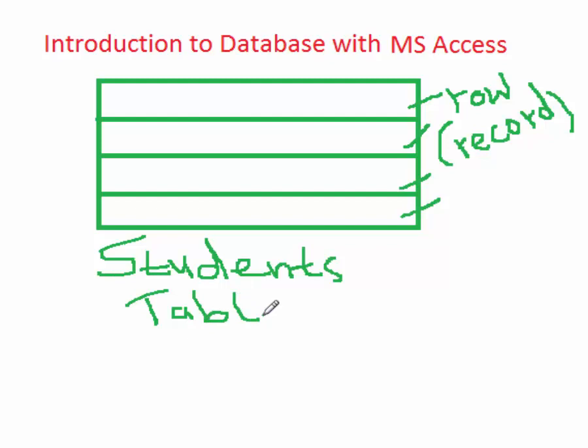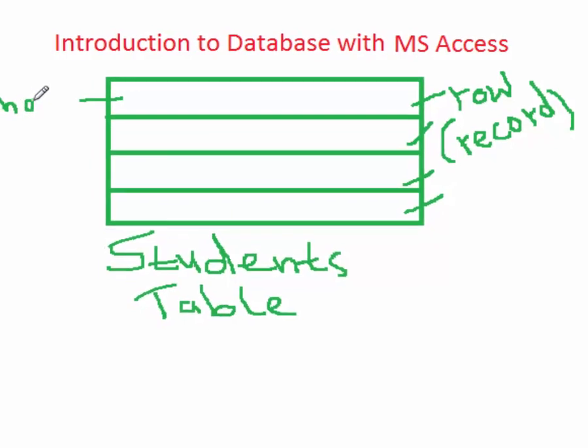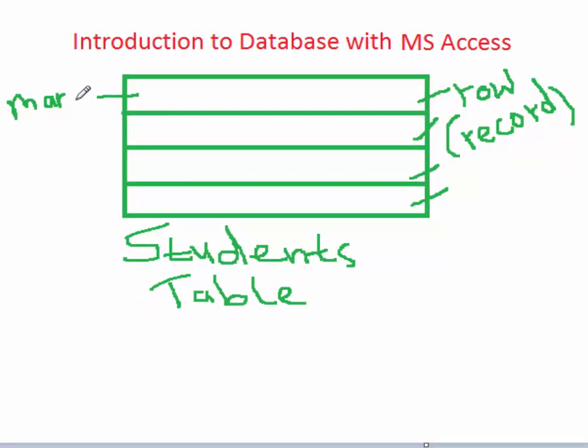We cannot have 2 students occupying the same record. Each student must have his or her own record. So in this case, I can have here maybe Mary occupying the first row, and below I can have maybe Ken occupying the second row or record.